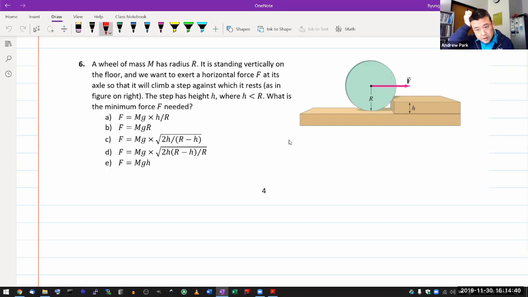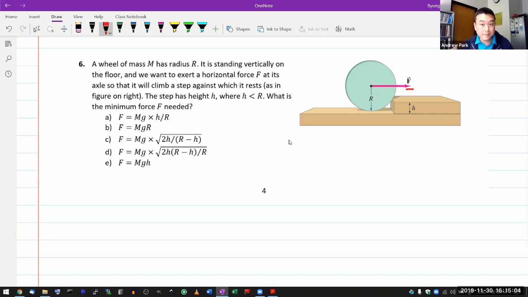So here, let me start by identifying all the forces. As you are applying this force F, the one force that's a given, you want to analyze this as a quasi-static equilibrium. So you are considering the moment just before force F is large enough to cause it to start to move.